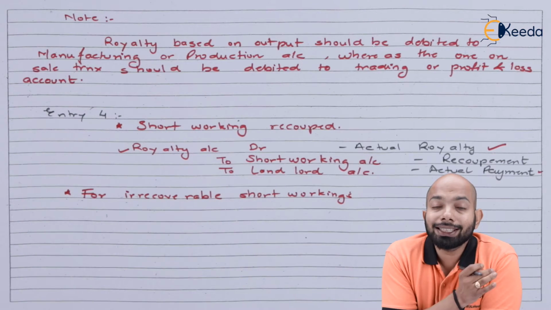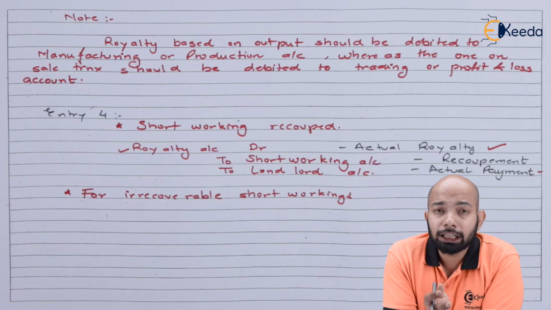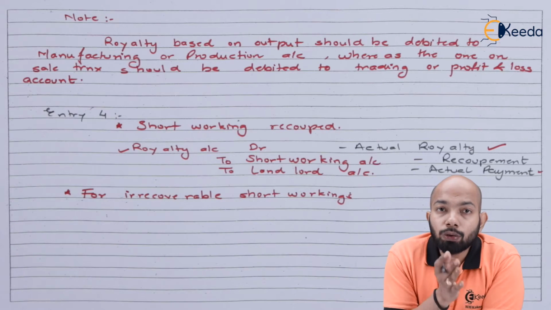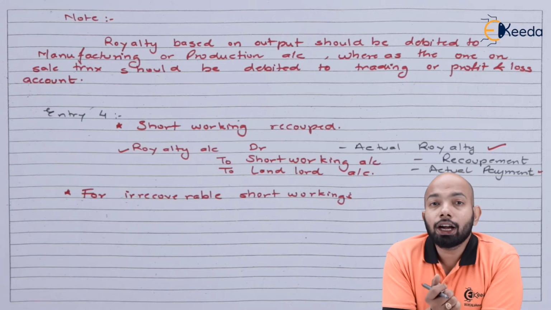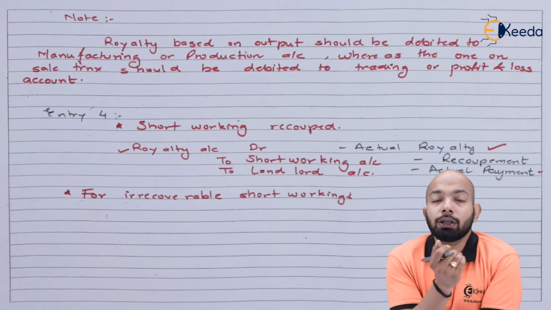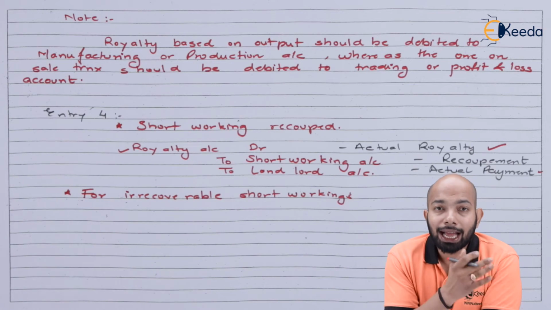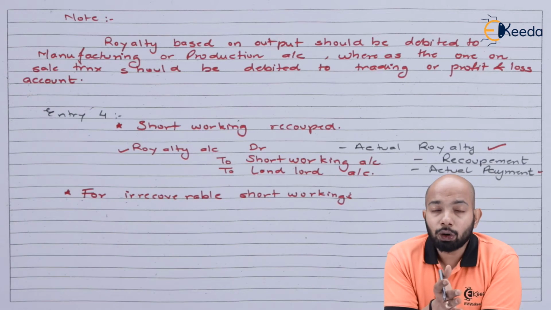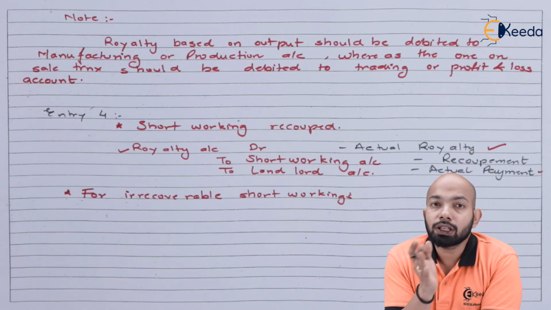As short working is an expense, if it is irrecoverable, for any reason whatsoever, then that account will be closed. The short working account that was debited earlier will be closed by crediting it, and on the debit side it will be mentioned as trading account or profit and loss account if it is from sales, or manufacturing or production account if it is from output.